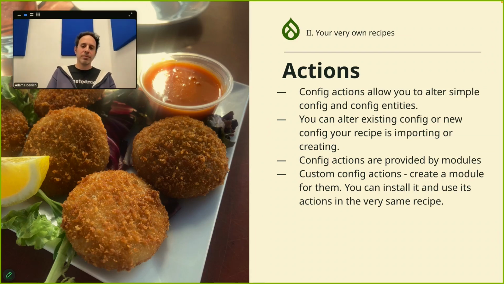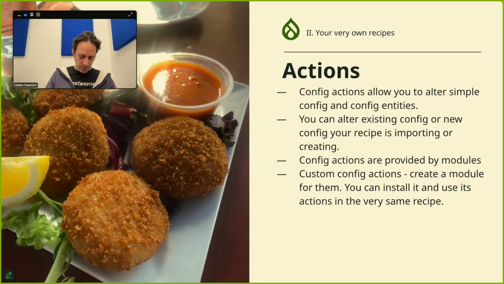With config actions, for years I made custom modules that had a config folder, and you could install it, and I could basically import the configuration I wanted. But I could never touch existing configuration. So to me, that was the magic of config actions the first time. Another cool thing, and it's starting to appear in the wild, is that contrib modules can create config actions.